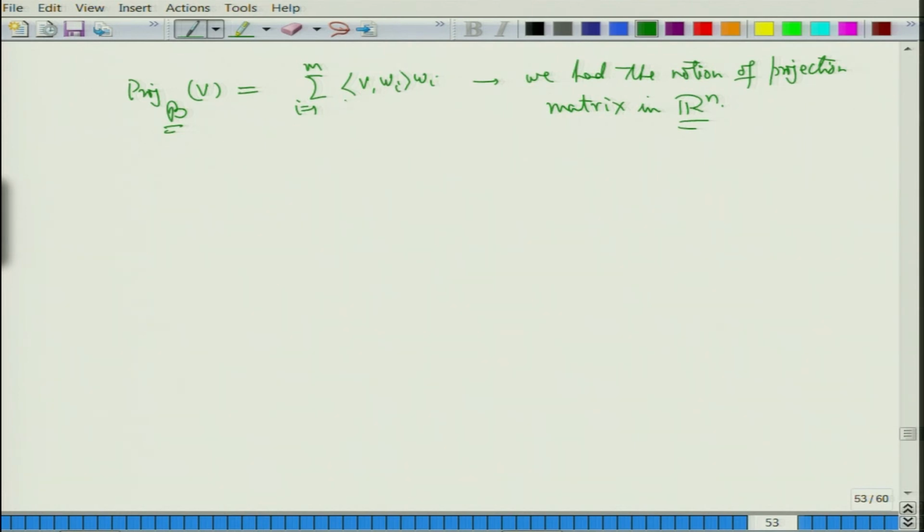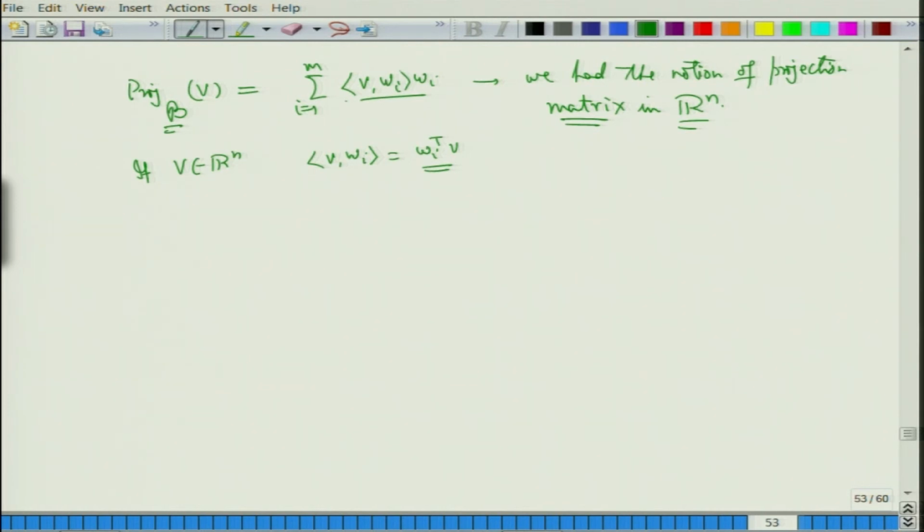If V belongs to Rn, then the standard one says that this is equal to Wi transpose V, fine, and I want a matrix using this idea.